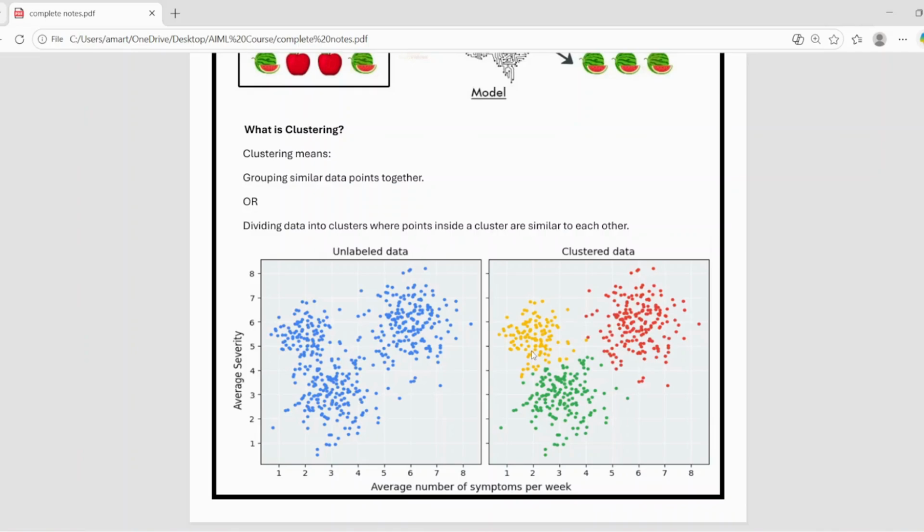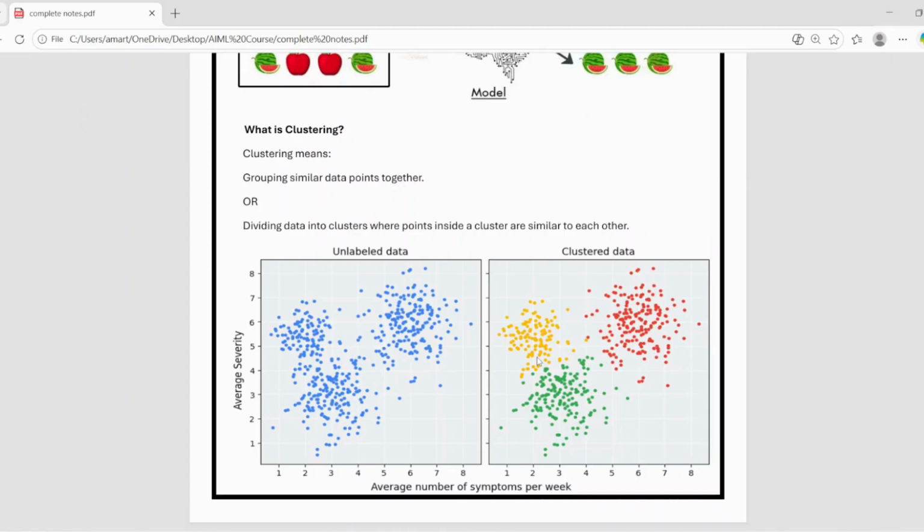This is how it clusters according to property. It groups similar data points together. These red dots are similar to each other, these yellow are similar to each other, and these greens are similar to each other. So it is making three different clusters.